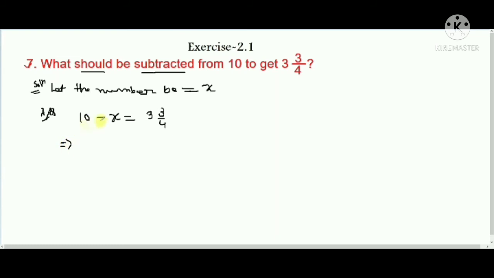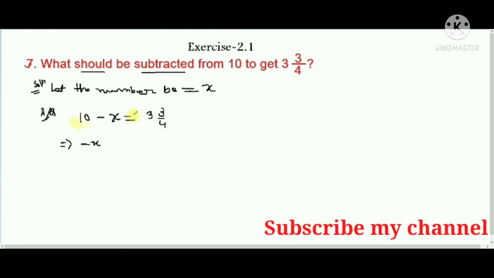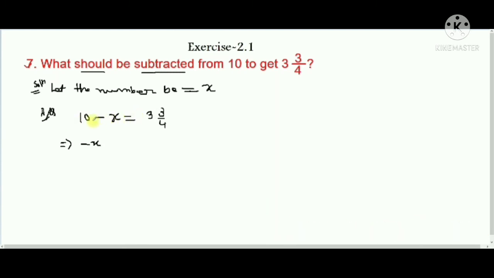There you give the equal sign. Now 10 minus x. Okay, so now you see the left side of this equal sign is 10 minus x, and there is 3/4. So now if you change this 10 from left to right, there is a plus sign, so it will now become minus.